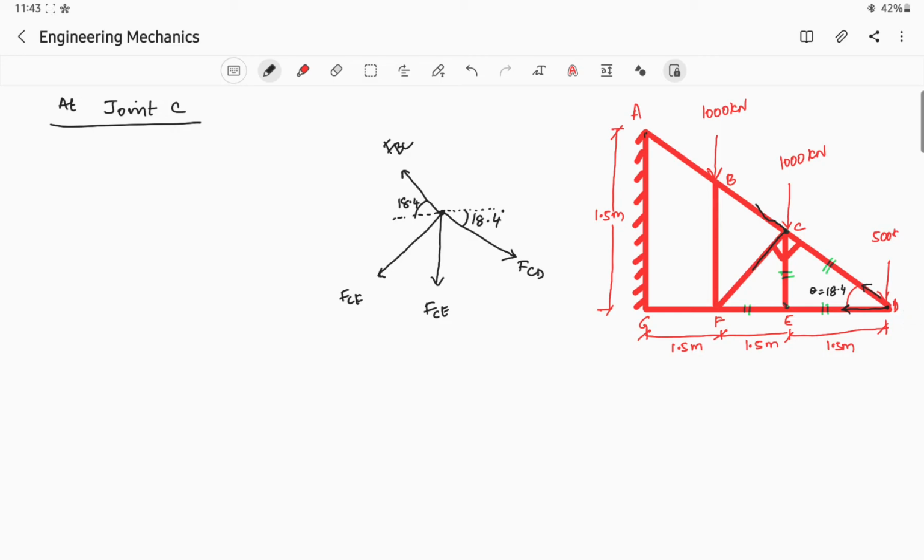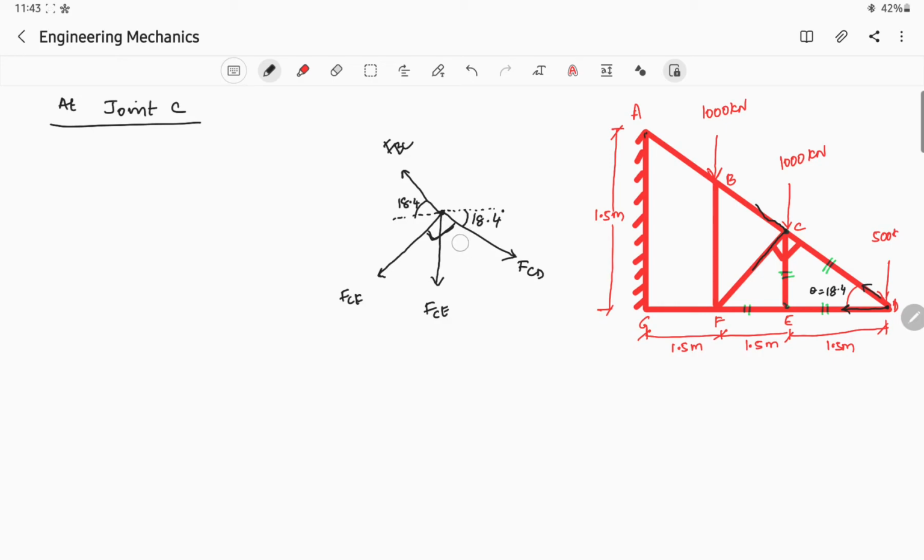The force CF will make an angle of, see here, these two angles are 90 degrees, we know, right? So what happens if these two are 90 degrees? What is this angle? This angle is 90 minus 18.4, that is 71.6.